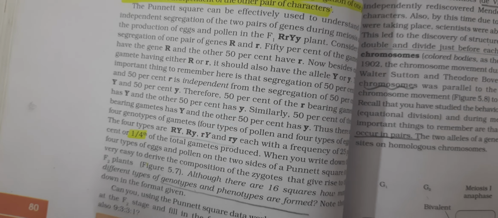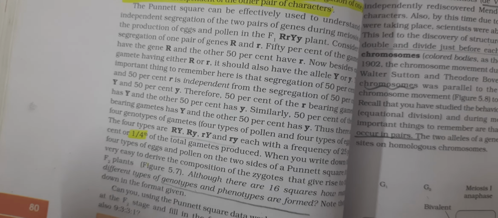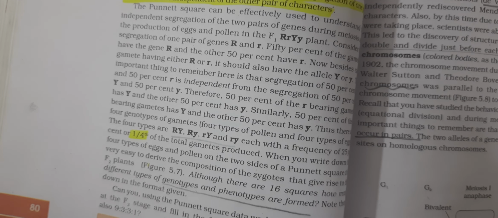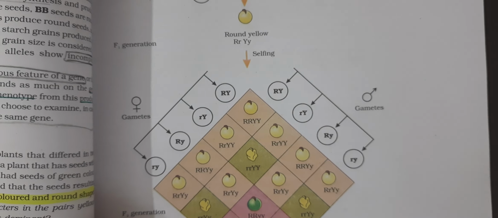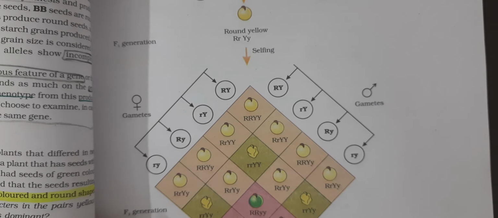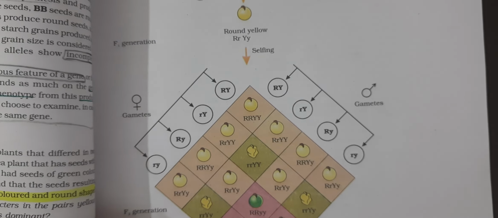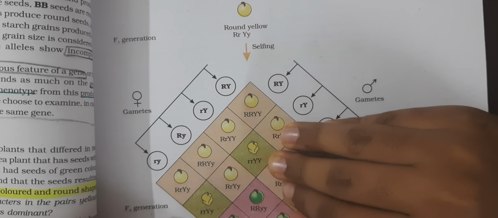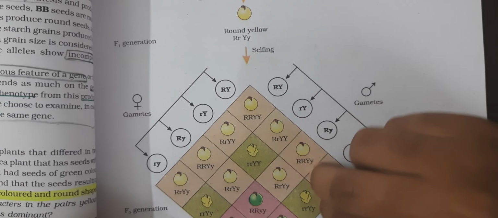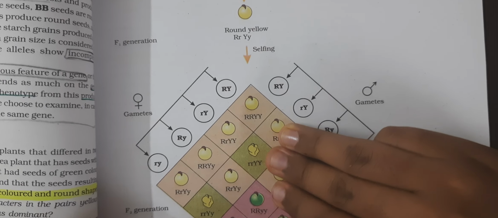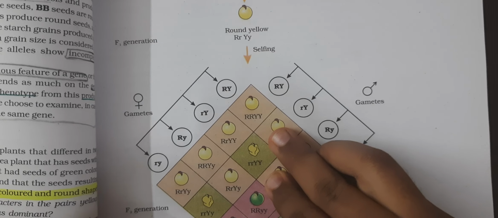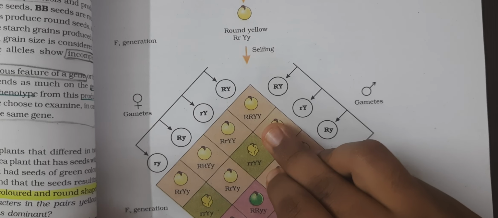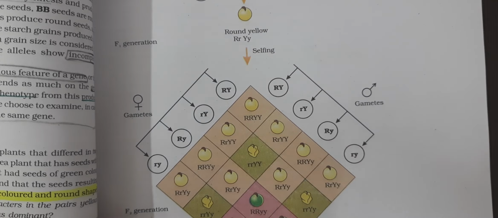There are only 4 types of phenotypes, and in total there are 10 different types of genotypes. So basically everything except these 6 are different from each other. You have to note that.